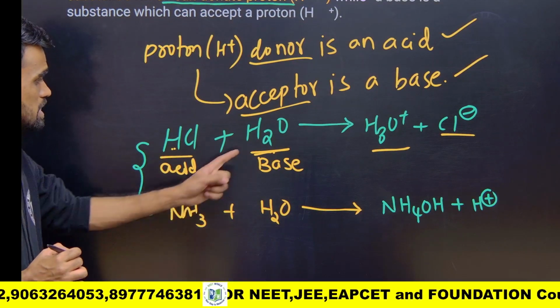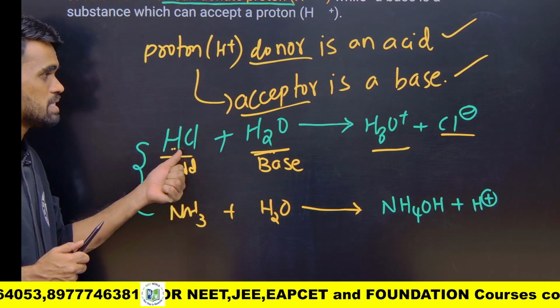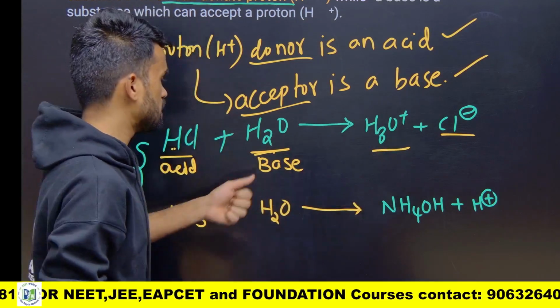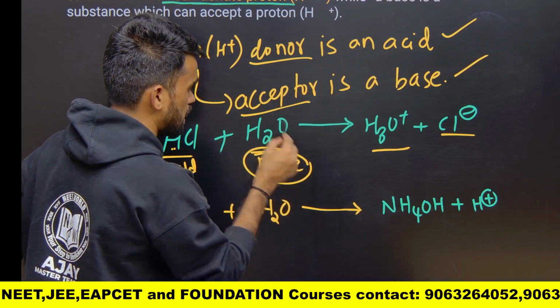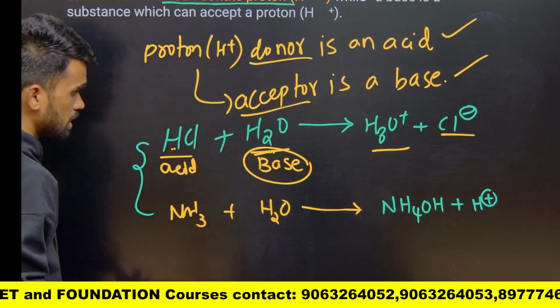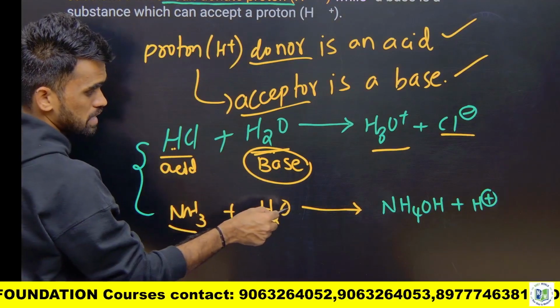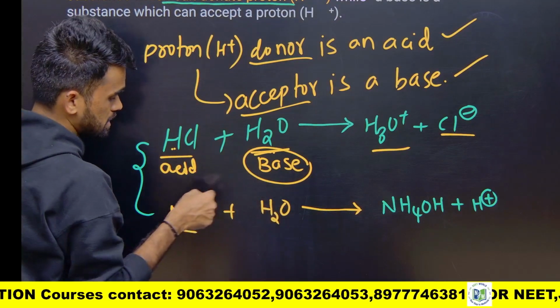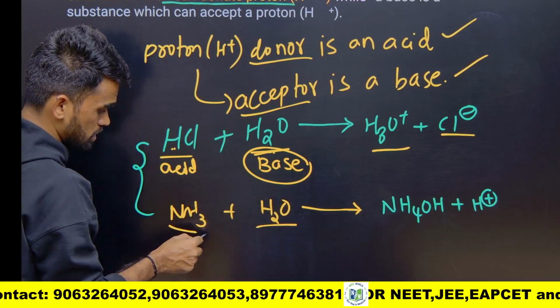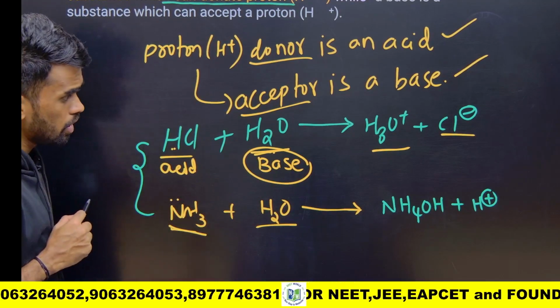In the first case, water accepted H plus from this acid and formed H3O plus ion. In this case, water acted as a base. But here, ammonia has taken H plus from water, leaving OH minus.